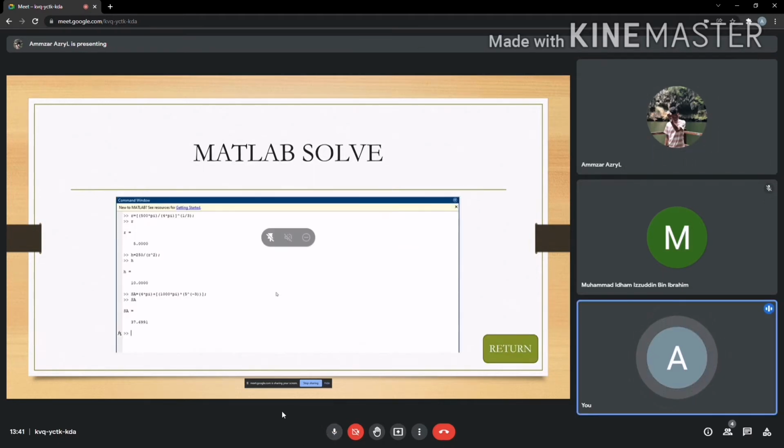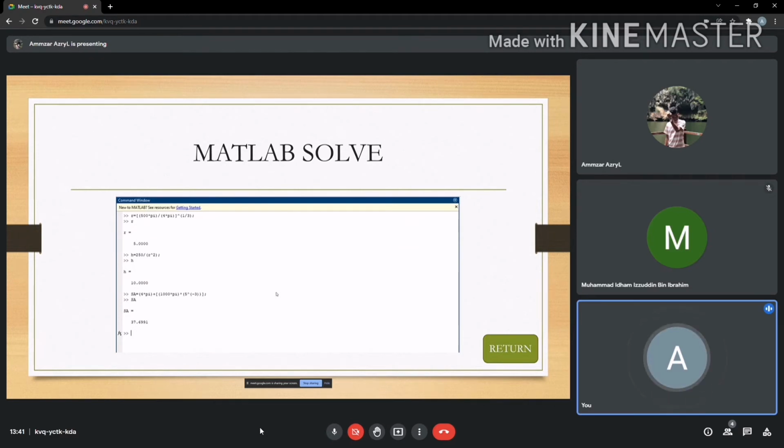Okay, for the MATLAB solve. First, from the calculated solve, we change the equation to get r equals the cube root of 500 pi over 4 pi. And then after that we get r equals 5, and then we put r into the h equation, that is 250 over r to the power of 2, and then we get 10.